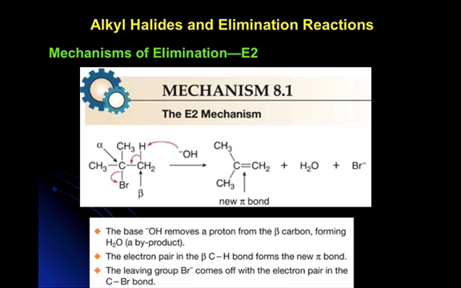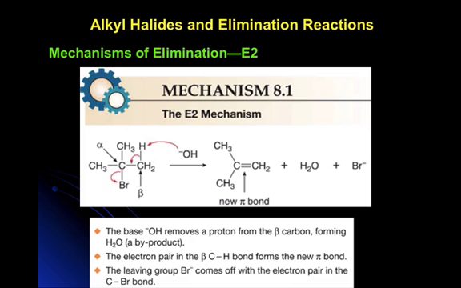And here's the example. What kind of alkyl halide do we have? It is a tertiary alkyl halide, right? Is the leaving group good? Yes, we've got a good leaving group. It's tertiary. Do I have a good base? Yes. All of those things are going to favor the E2 mechanism.